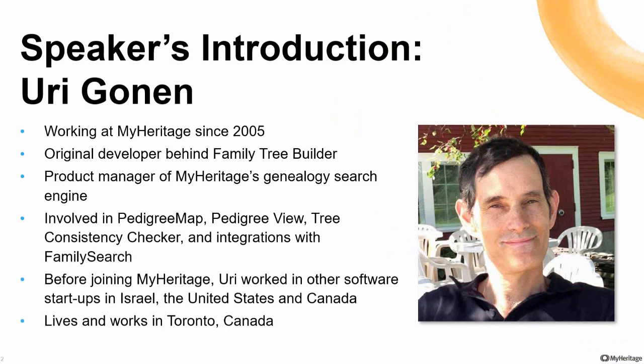Recently, he was involved in several genealogical projects such as Pedigree Map, Pedigree View, Tree Consistency Checker, and several integrations with FamilySearch. Before joining MyHeritage, Uri has worked in other software startups in Israel, the United States, and Canada. He now lives and works in Toronto, Canada. Please put together your virtual hands and let's give Uri Gonen a nice warm webinar welcome.